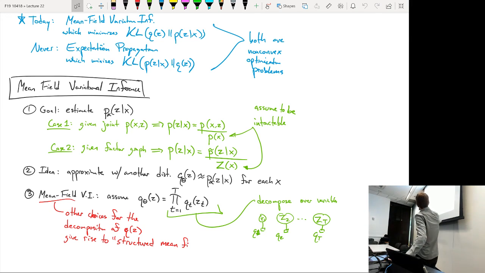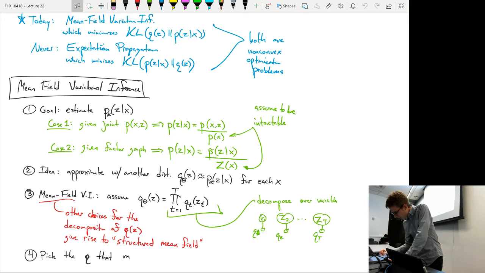And structured mean field, operationally it kind of works out to be the same, but maybe the computation works out to be a little bit more challenging.